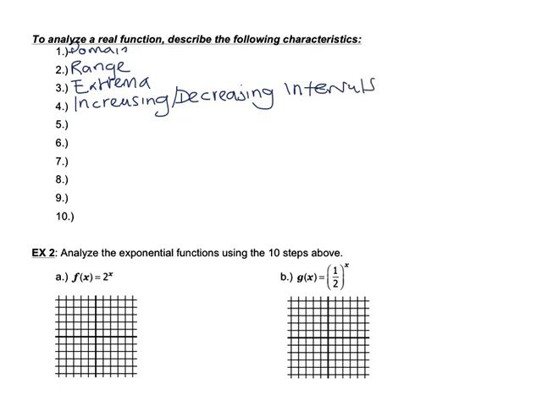And then in the 4th section, we looked at end behavior. And right along with end behavior, remember we talked about asymptotes, those horizontal asymptotes, to describe end behavior. So we will talk about any asymptotes as well.